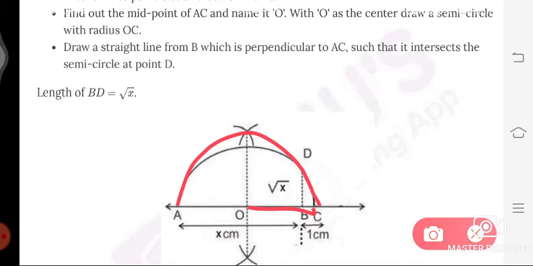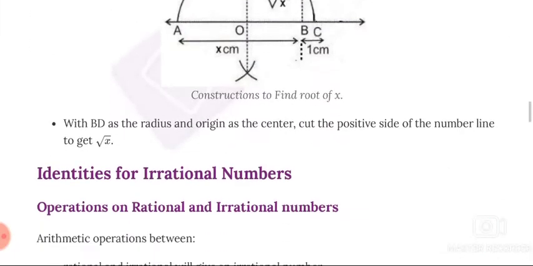Draw a straight line from B perpendicular to AC, that intersects the semicircle at point D. Length of BD is equal to under root x.